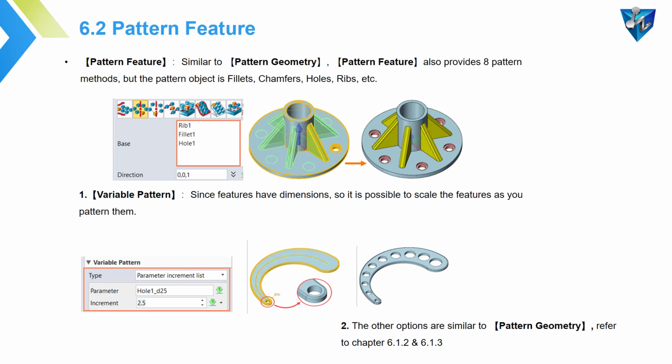Just now I said almost all because there is still a little difference. For example, the variable pattern. This is only available for pattern features, but not for pattern geometry. So with this option, we can change the feature size as you pattern them. Okay, now let's move over to ZW3D to show you more details.